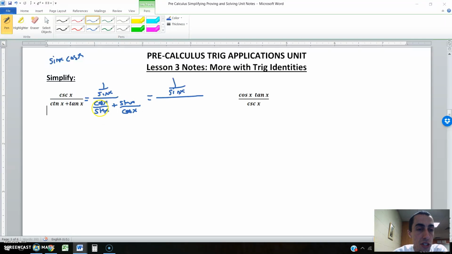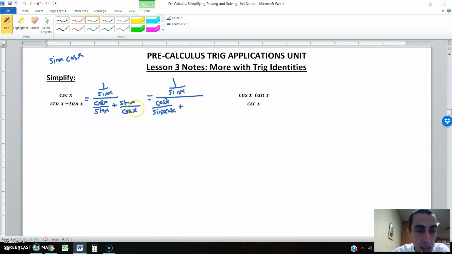This first fraction then needs to get multiplied by cosine of x over cosine of x in order to get that denominator. When I do that, cosine of x times cosine of x is cosine squared of x, and then cosine of x times the sine of x on the bottom. Got sine times cosine.